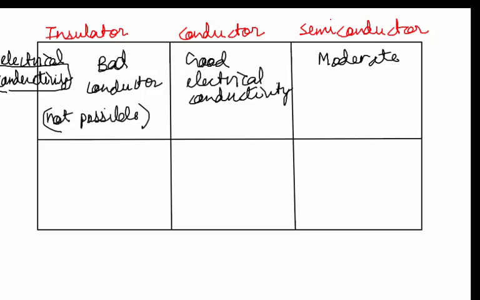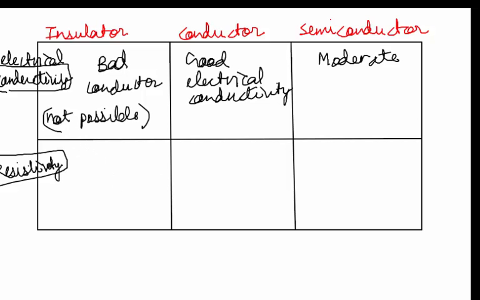Similarly, like we have just distinguished the three based on their electrical conductivity, let's talk about resistivity now. This is something very interesting. Resistivity has a very good role to play in all three of them with respect to temperature.